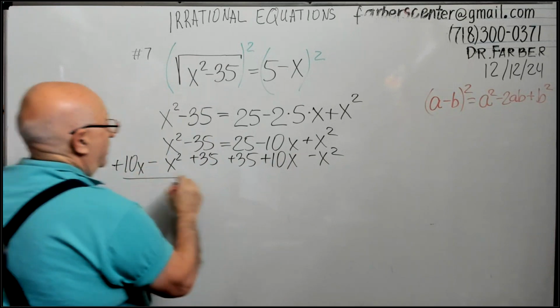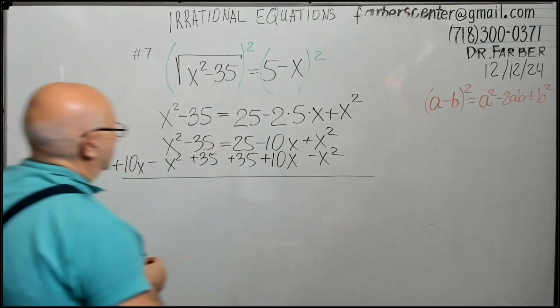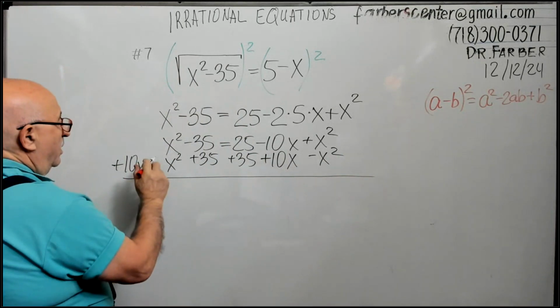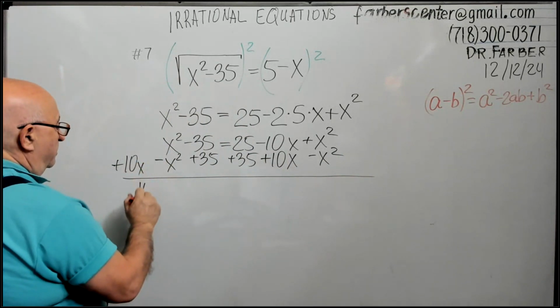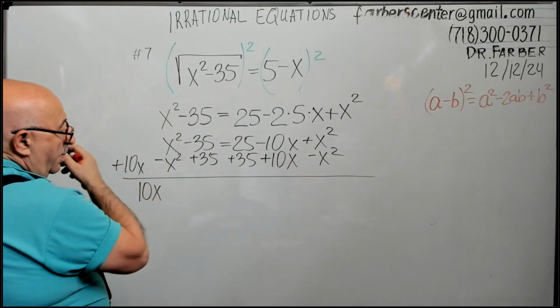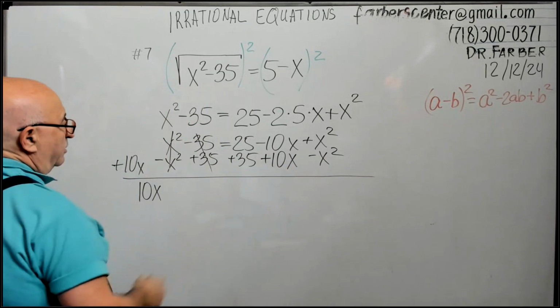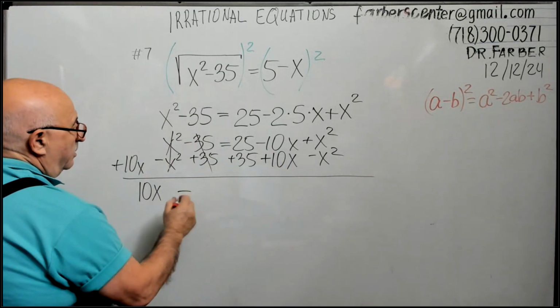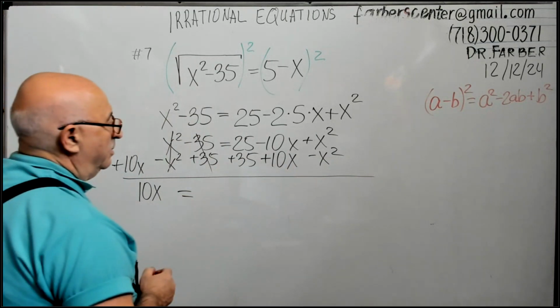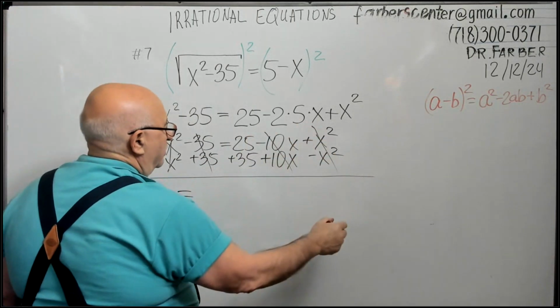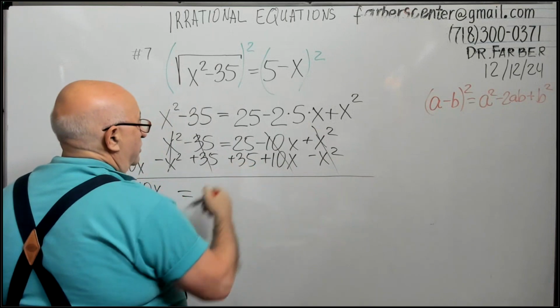What I'm doing, I want to have variables in one part. The x squared terms cancel out, the 10x terms cancel out, equals 60.